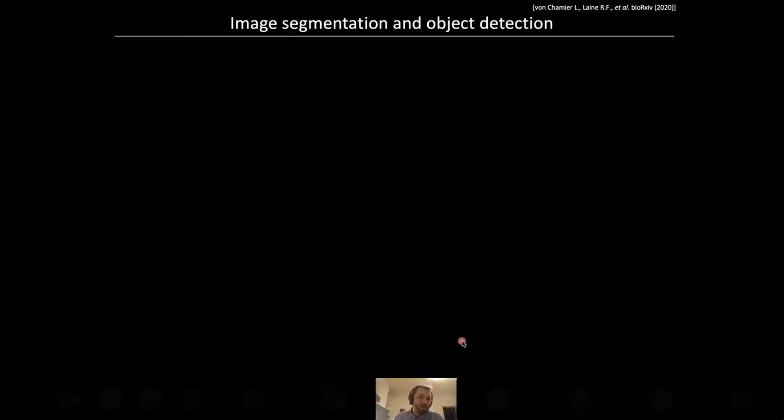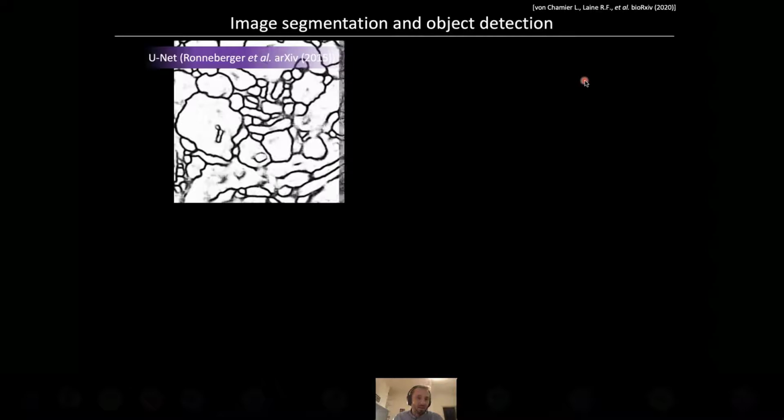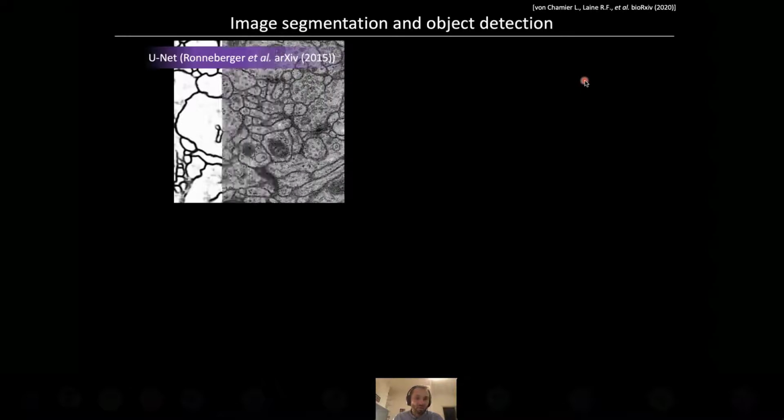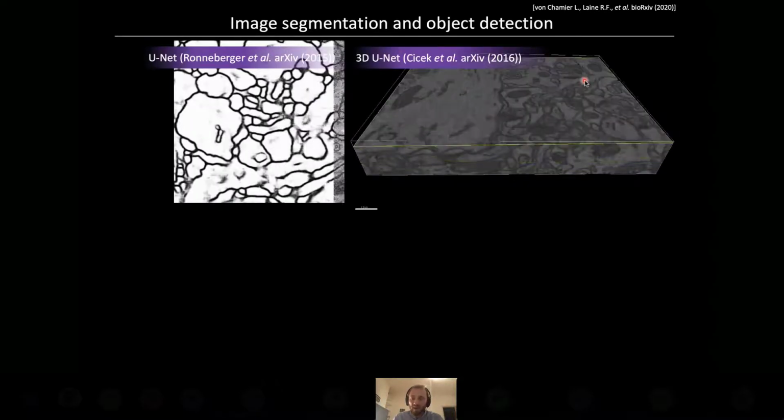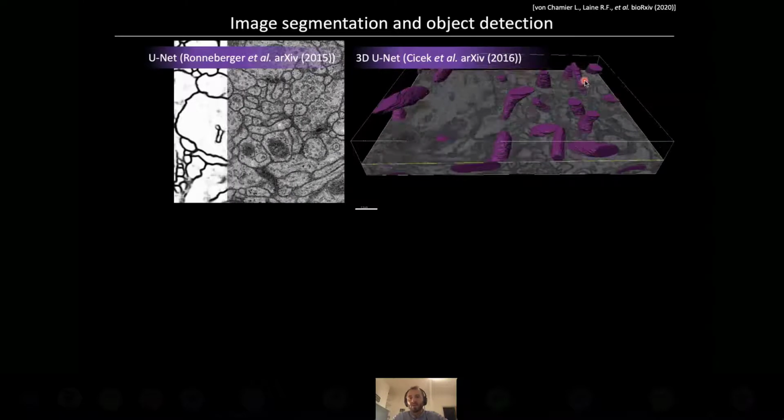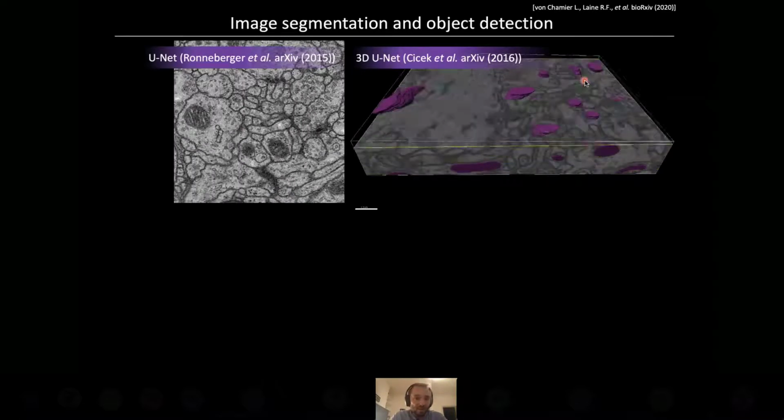A number of image analysis tasks, and one classical image analysis task is that of segmentation and object detection. And so for this, we've implemented the classical U-Net from Ronneberger from back in the day, but also the 3D version of it, which we've highlighted on electron microscopy data.